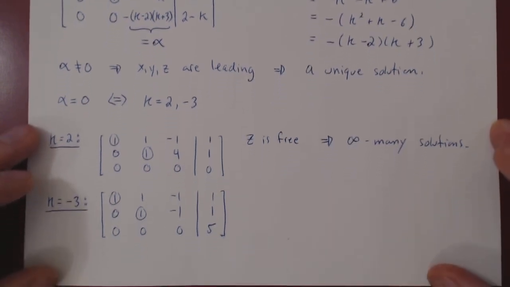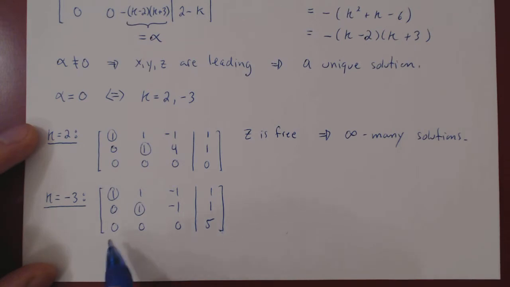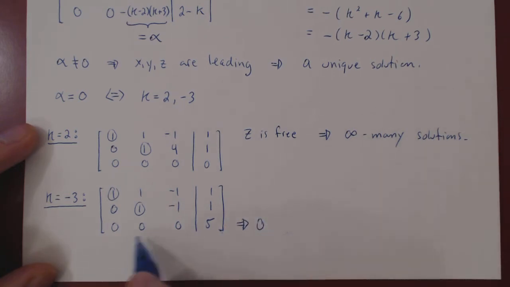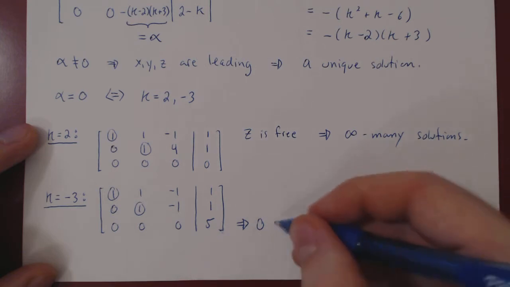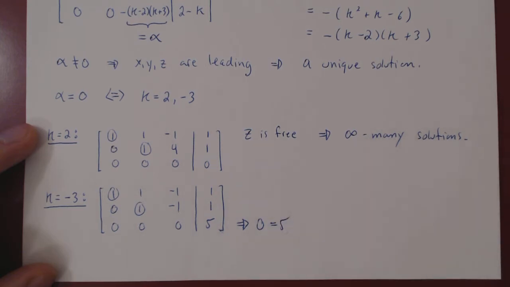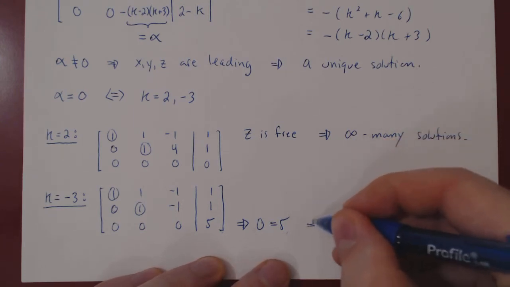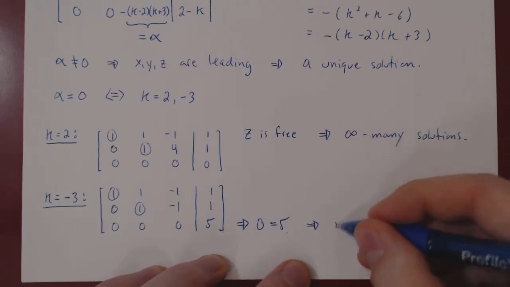And if you notice now there's something different happening. The bottom row says 0x plus 0y plus 0z. No matter how you choose x, y, and z, the result is 0. So the left-hand side is 0. That has to equal 5. This is clearly not possible, and so the system is inconsistent. Therefore, there is no solution.